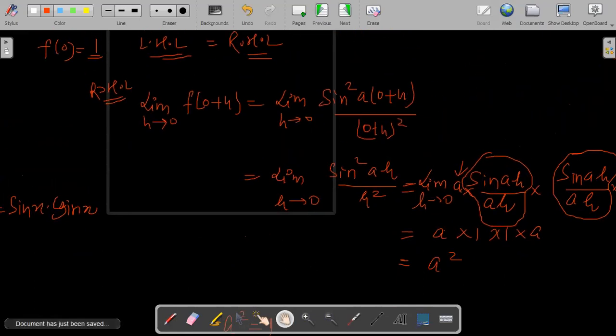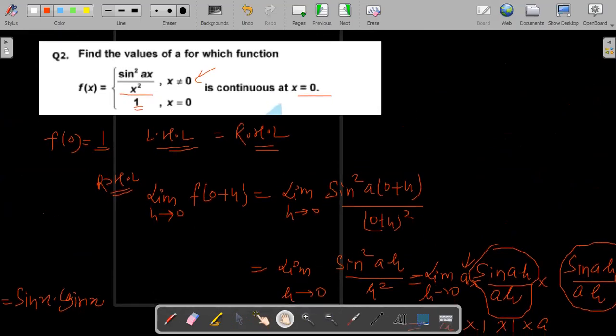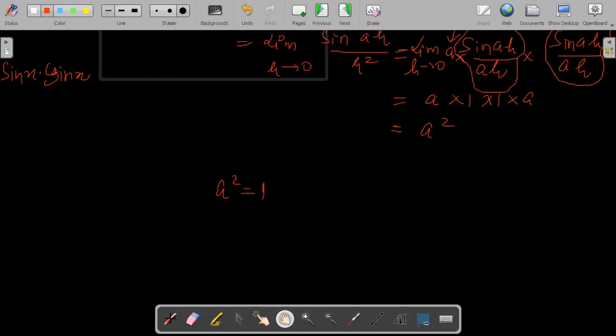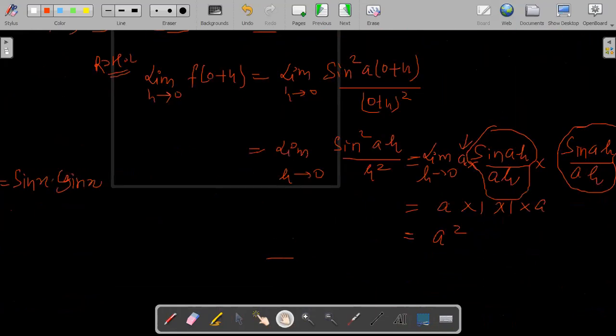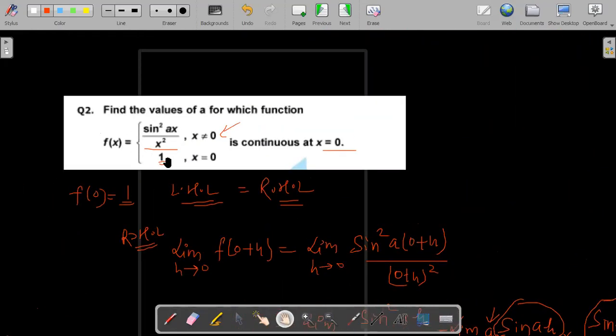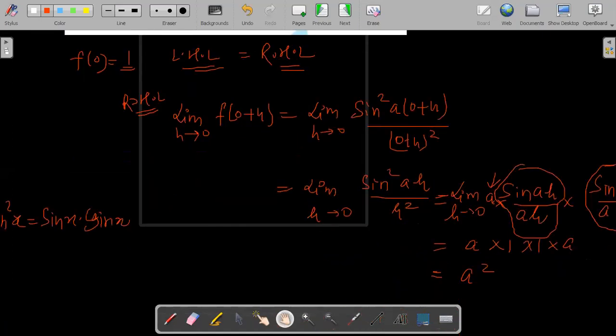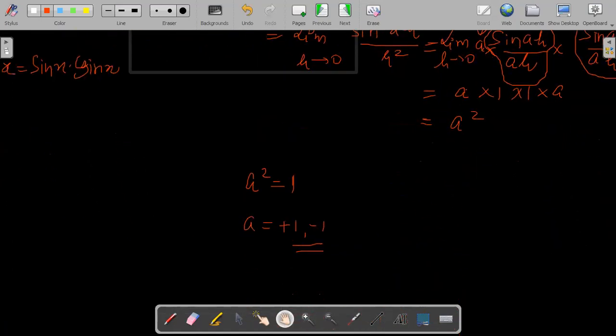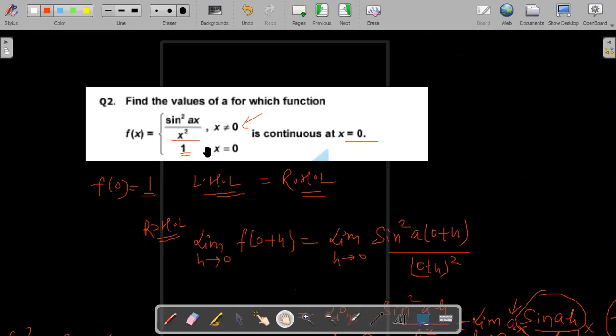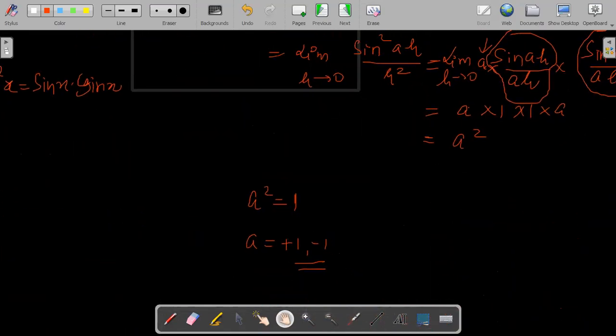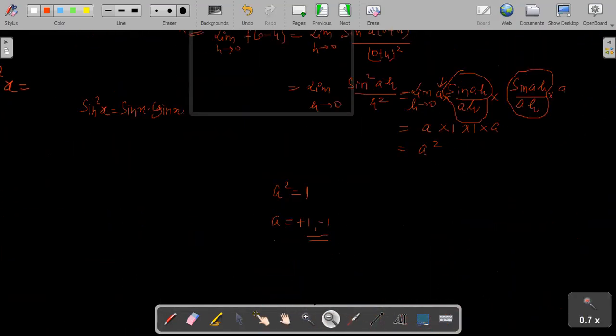So for that part, a can have either a plus 1 value or a minus 1 value, and they didn't give any restriction in the question, so we can take both the values. That means for a is equals to plus 1, this will be true, and for a is equals to minus 1, this will also be true.